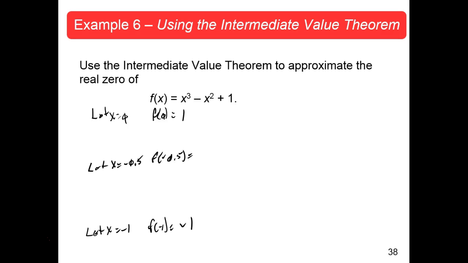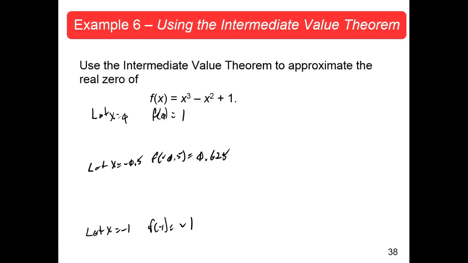Negative 0.5 cubed is going to be negative 0.125, I believe. And then minus 0.25, I think it's going to turn out positive, but how much? Anyone do it yet? 0.625. Okay.